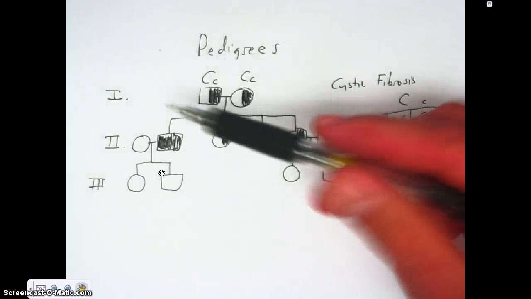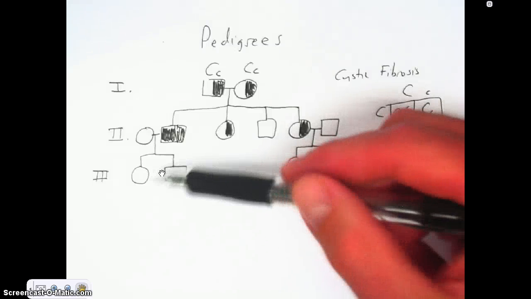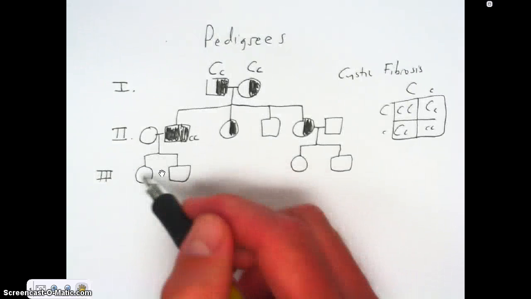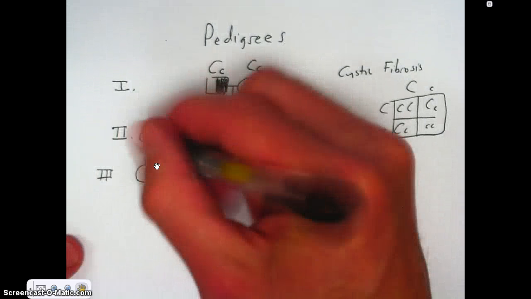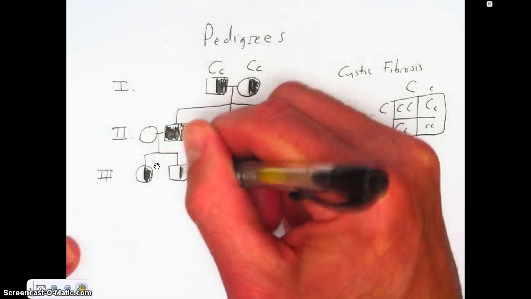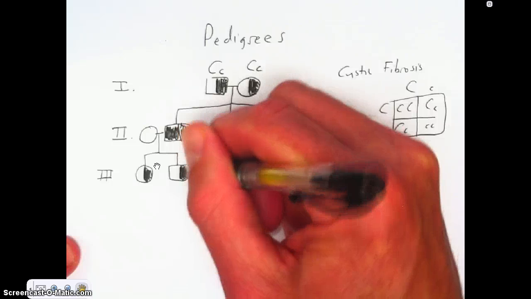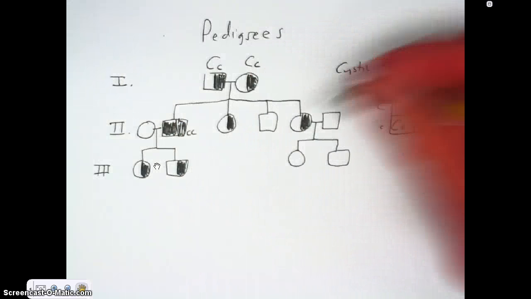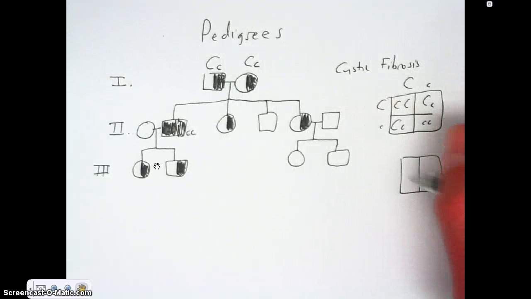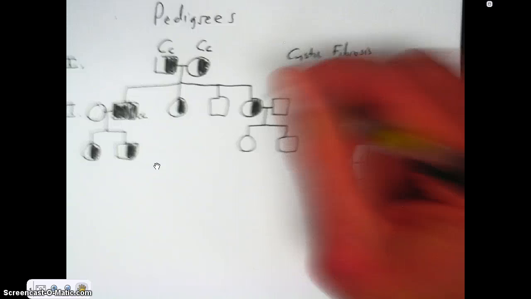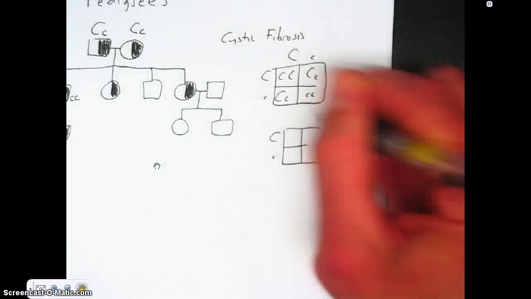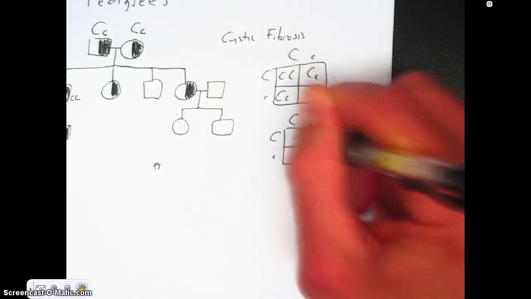At the minimum, these children down here have to be carriers because this guy is little c, little c. He has nothing to give his offspring except a recessive c. So I'm going to shade them in halfway, and shade him in halfway. Over here, if we were to do a Punnett square, and this guy is normal, she is going to be big C, little c, and he is big C because he's normal.